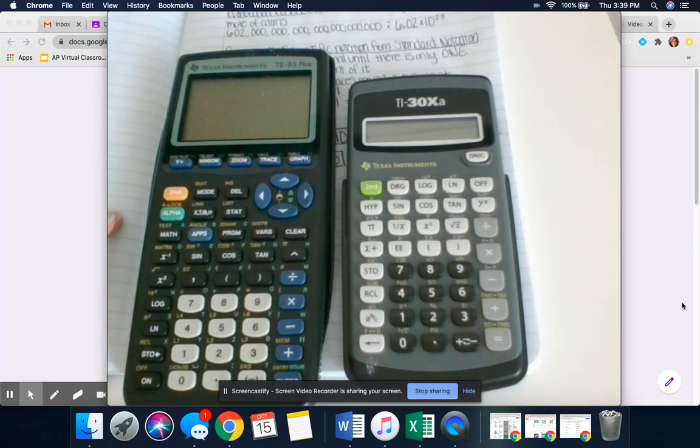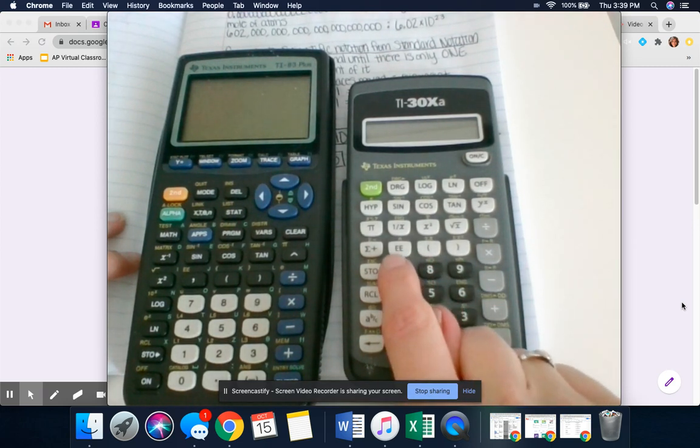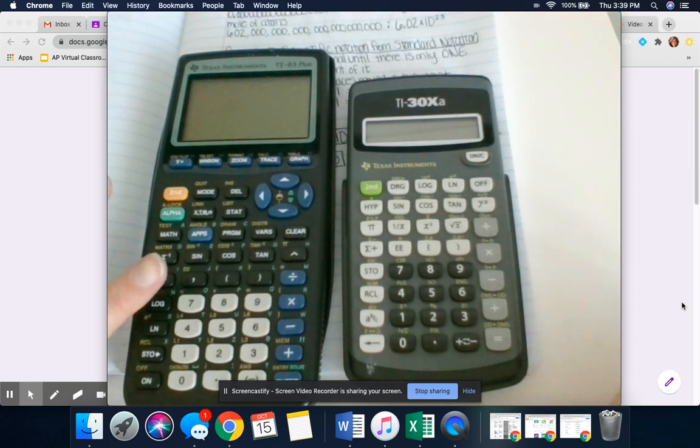So scientific calculators are really important because they've got this button right here, the EE button. On your calculator, it might say EXP. It also might say times 10 to the N or times 10 to the X. And this button is important because it tells your calculator the entire phrase times 10 to the.